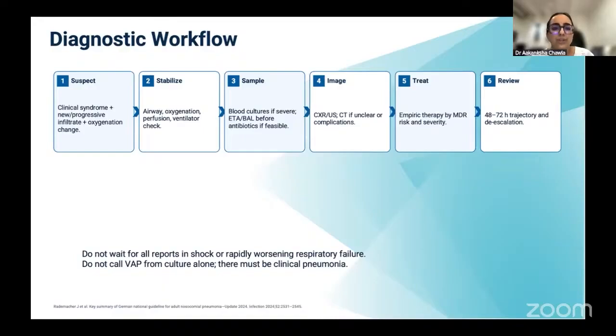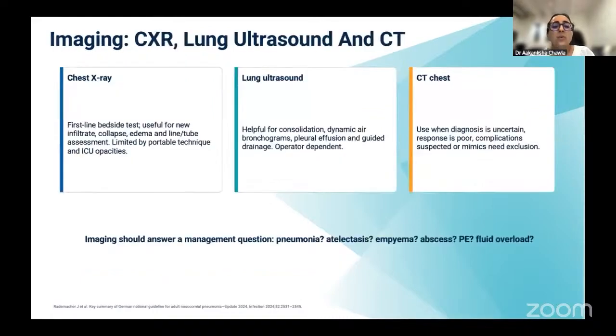Samples should be sent in all patients, but do not delay therapy just to send the samples. Imaging, chest X-ray remains standard, and ultrasound is a useful bedside tool. CT if there is unclear diagnosis or complications. Start empirical therapy, know whether there's an MDR risk or not, and assess severity, and then review at 24 to 48 hours.